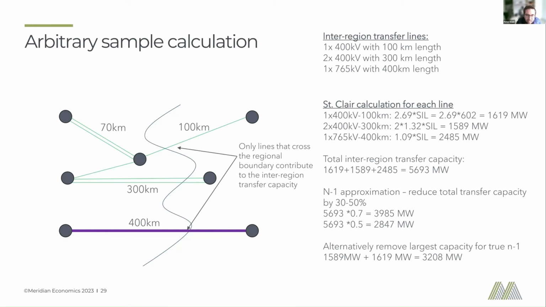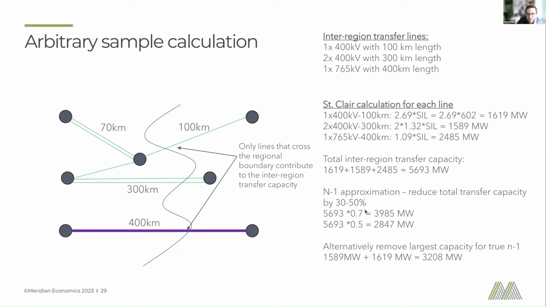The way the standard PyPSA Europe model does these calculations, as far as I understand, is based purely on thermal limits for all the lines. They apply a 30% derating, so they would multiply the thermal ratings by 70% as the approximation of transfer capacities between different regions.